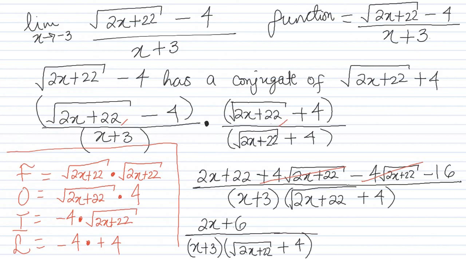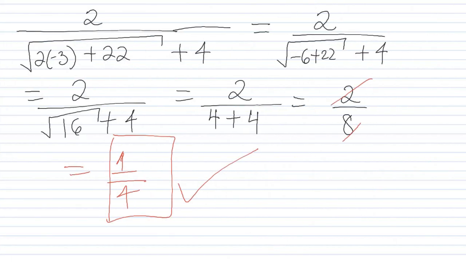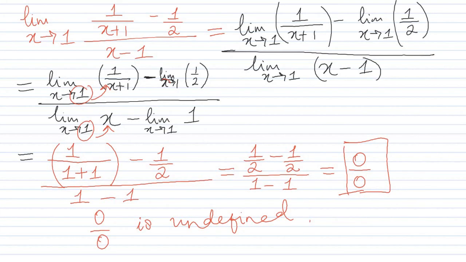Whenever you have a situation where, when solving limits of a function, the answer of the limit is 0 over 0, the answer is undefined, so we know that. Therefore, the function will need to be solved by simplifying the function and then applying the limit. So now let's go back to that particular question, and we're going to try to simplify it first, and then we can go ahead to solving it.